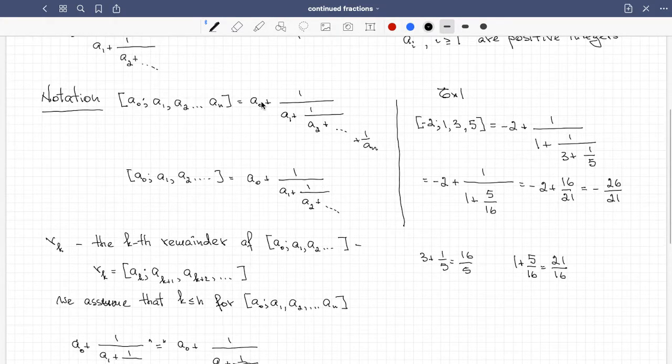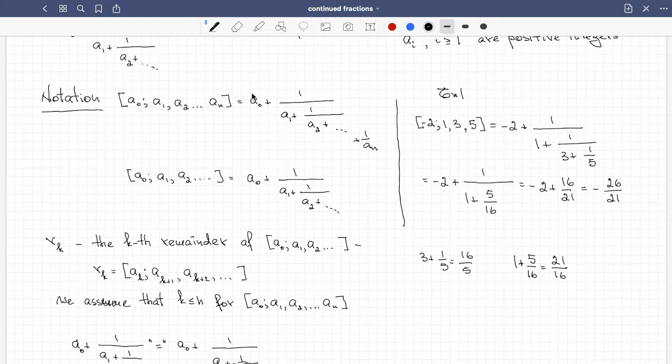Who is this term, a0? It's an integer, positive or negative. If it took only positives, then we would not be able to present negative numbers because all are positive. Therefore, it has to have a sign.